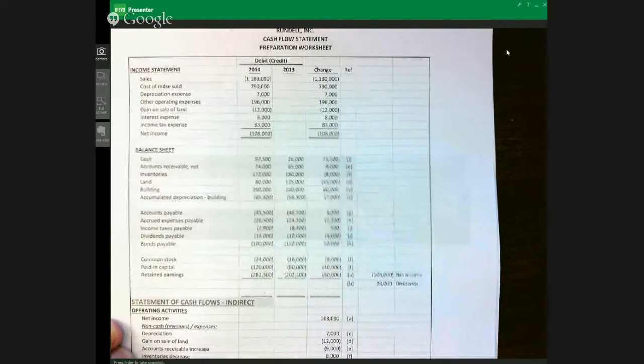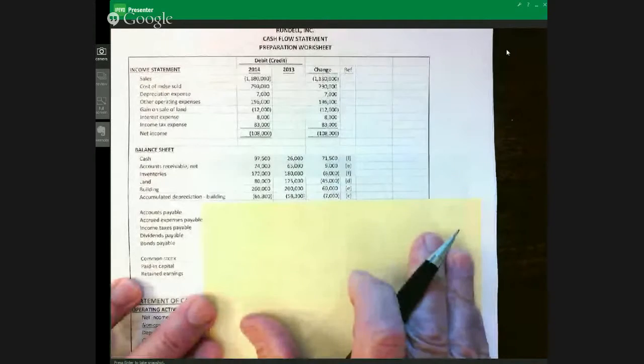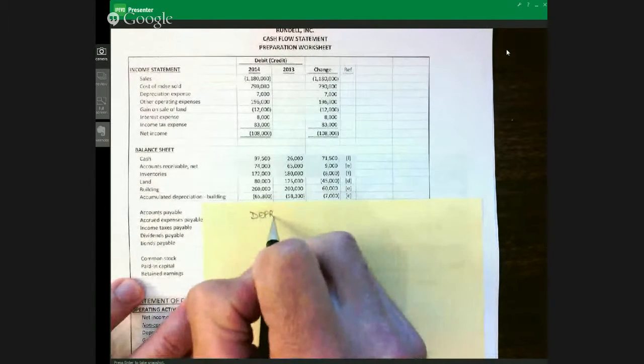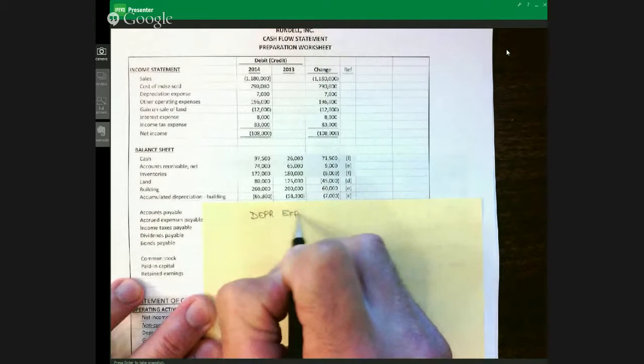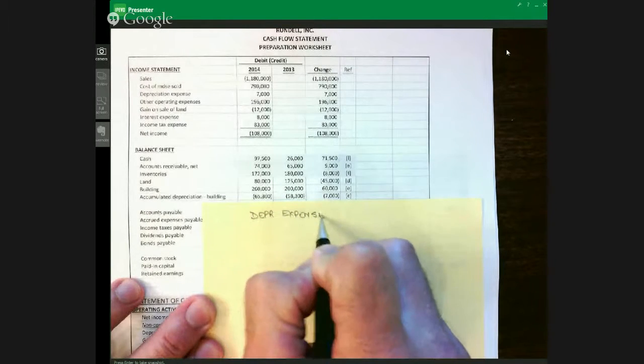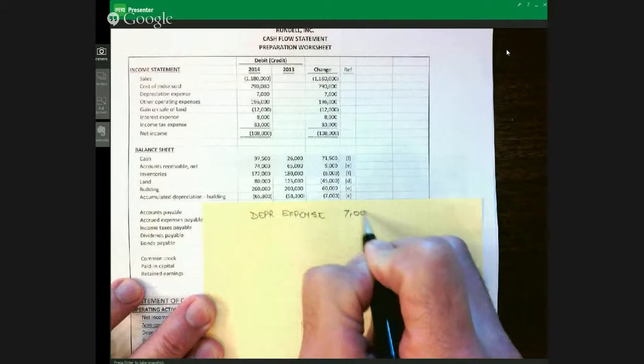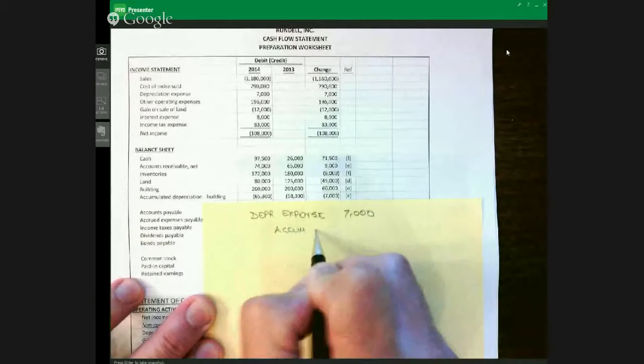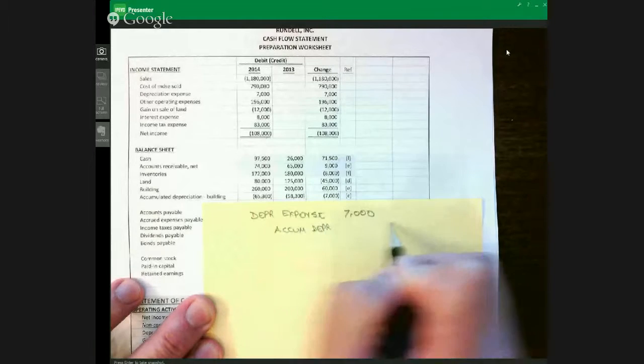Let's take a look at that specific entry. When a business incurs depreciation expense, it will debit depreciation expense and credit accumulated depreciation.